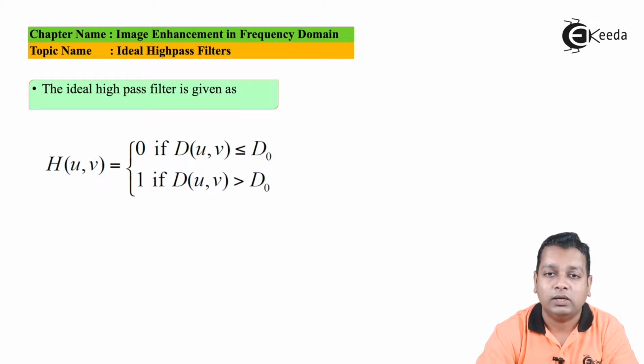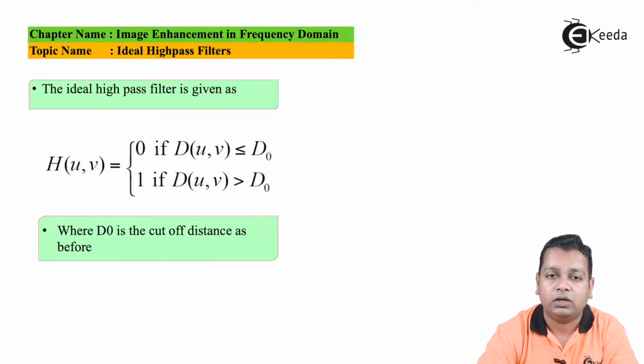As this is less than the cutoff frequency, we are discarding it. We are not allowing the lower order frequency components to be represented in the output of the filtered image. Whereas whenever D of u v is greater than D suffix 0, the cutoff frequency, we allow it and represent it with the value 1.